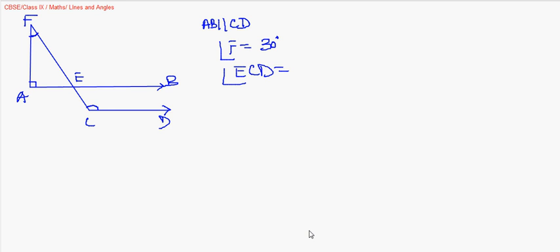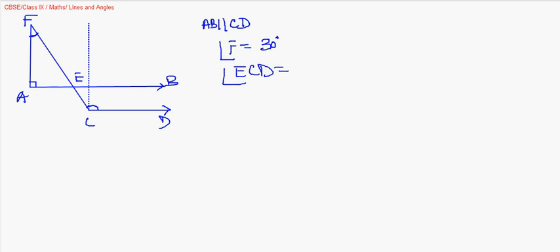To do so, I think we'll need one more parallel line, which should be parallel to the line AF. So I draw a line passing through C, which is intersecting AB.